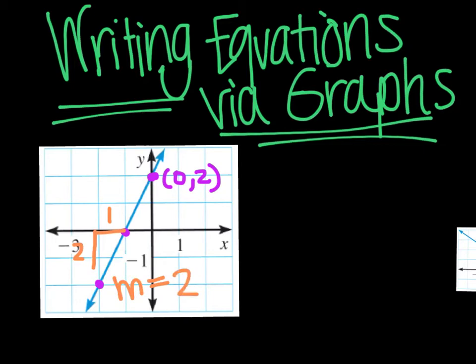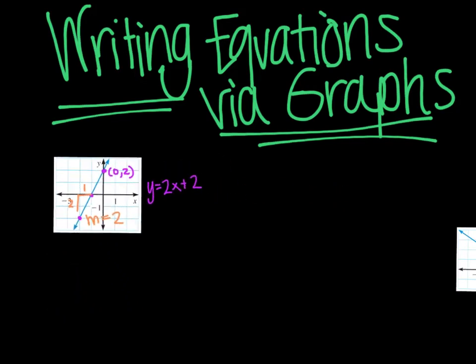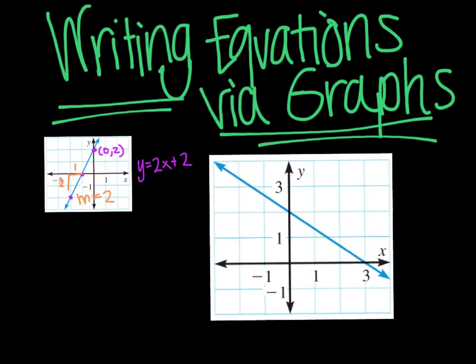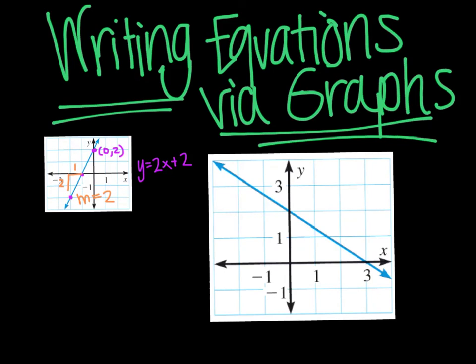And I will take that information to write an equation. So y equals m, which is 2x, plus my y-intercept, which is also 2. So y equals 2x plus 2 is the equation. Just another quick example here. Find the y-intercept right there. That's at (0, 2).